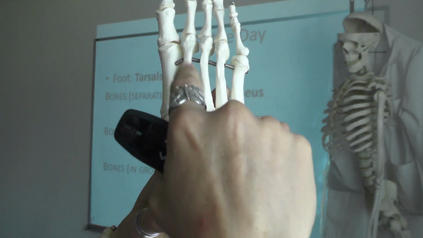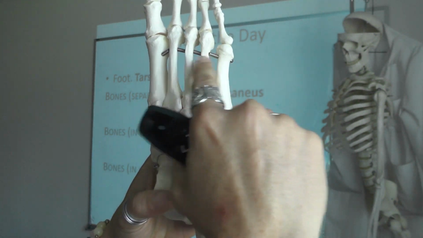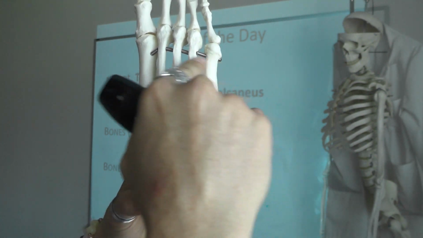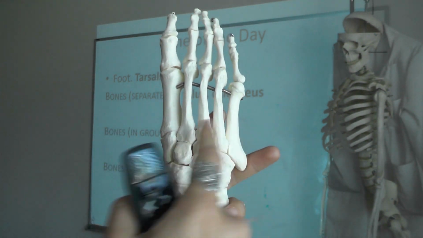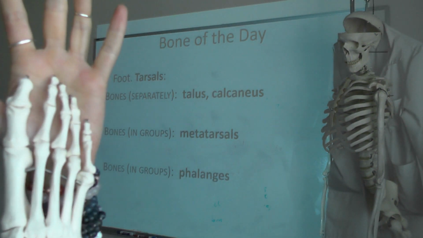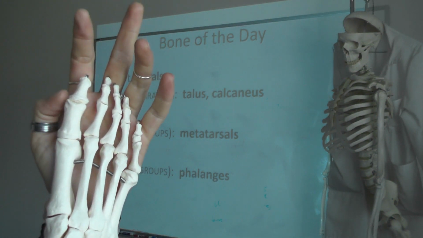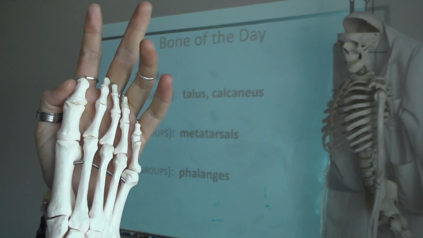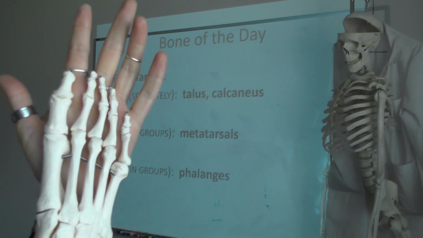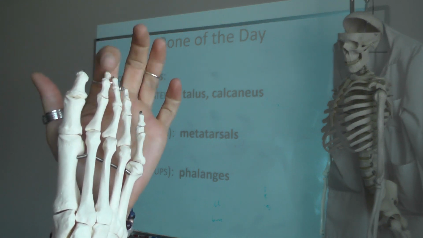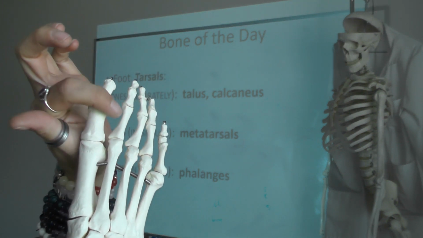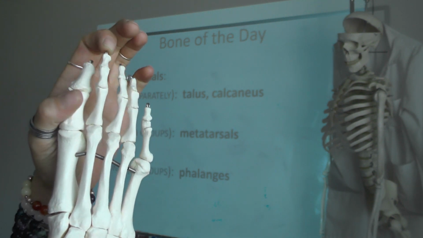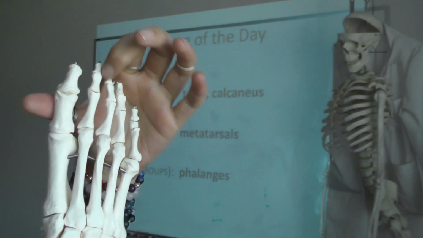Metatarsal number III, number 3, number IV, number 4, and number V, Roman numeral V, number 5. Metatarsals 1 through 5, and then these are the digits. And again, in the hallux, just as we saw in the pollex, we only have a proximal and a distal phalanx. But in the rest of the digits, mostly, we have a proximal, middle, and a distal phalanx, or proximal, middle, and distal phalanges.